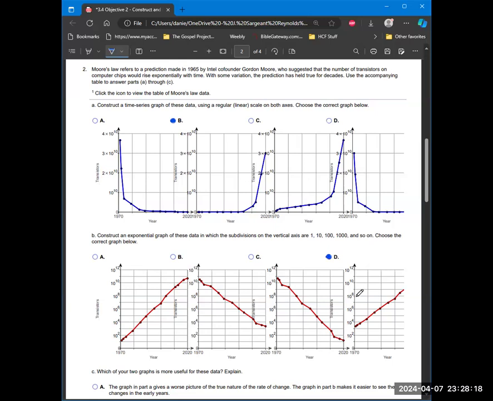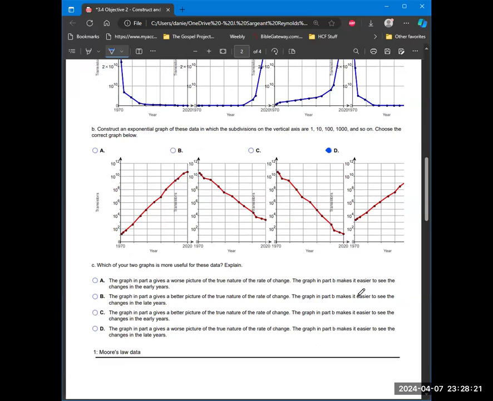Okay, and so which of your two graphs is more useful for these data, and explain? The graph in part A gives you a better picture of the true nature of the rate of change, so that's exponential. The graph in part B makes it easier to see the change in the early years because it's just really hard to see all these data points that are close together down here in the early years and estimate those changes.